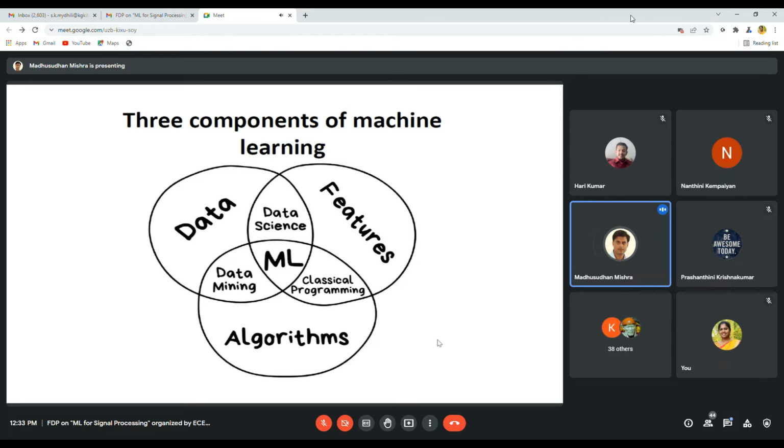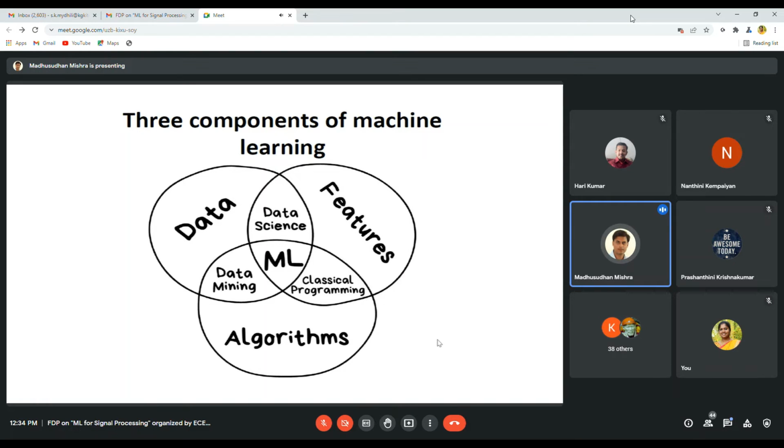Maybe different types of algorithms and classifiers. So the three components of machine learning are data, features, and algorithms.